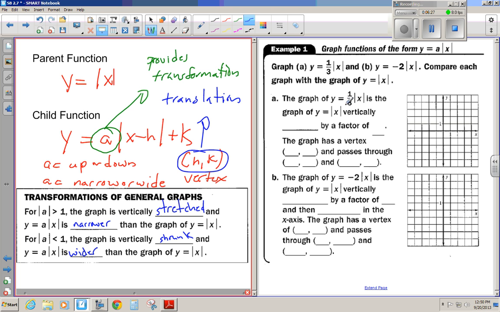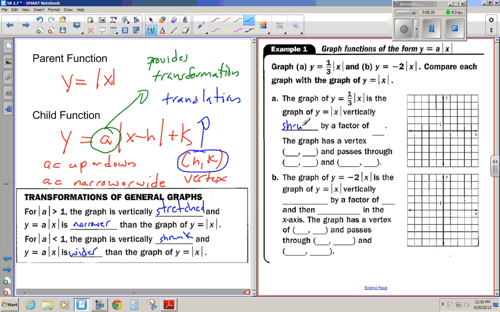So here we go. For this one, 1/3 is the a, which means it's vertically shrunk by a factor of 1/3. The graph has a vertex of 0, 0 and passes through some points. Let's find one of them.